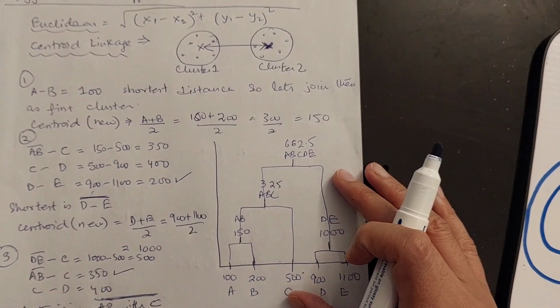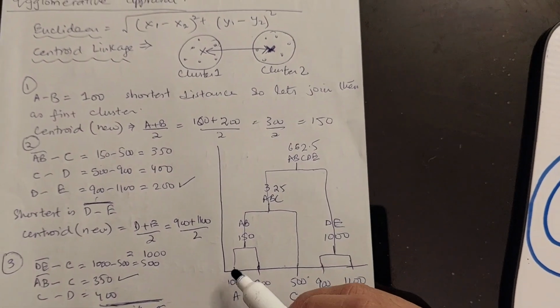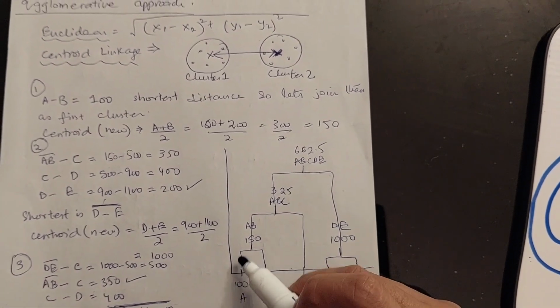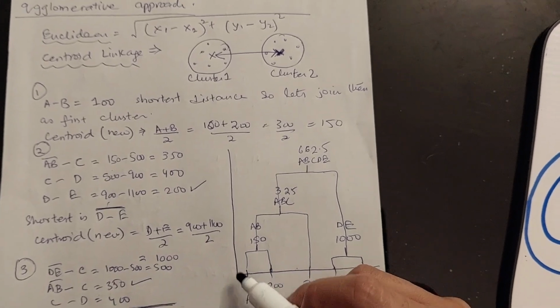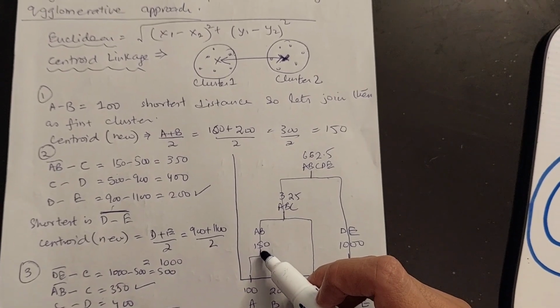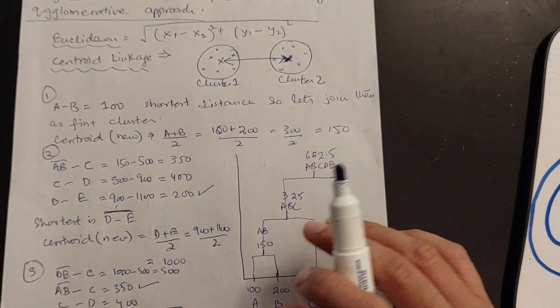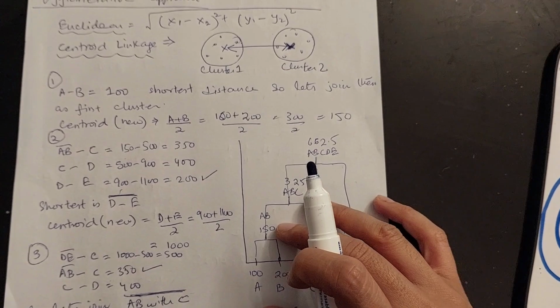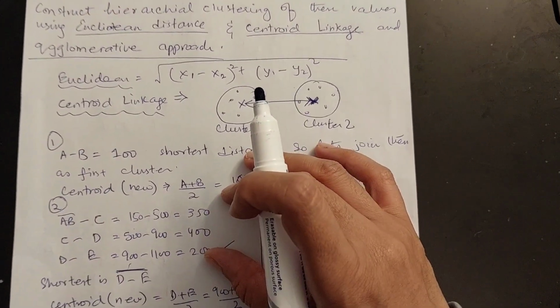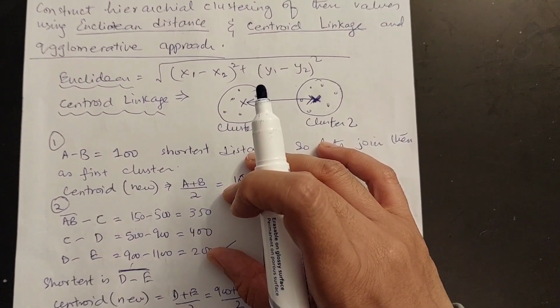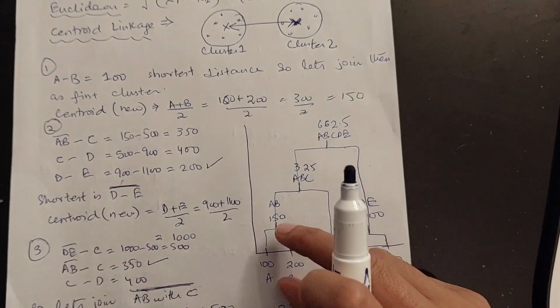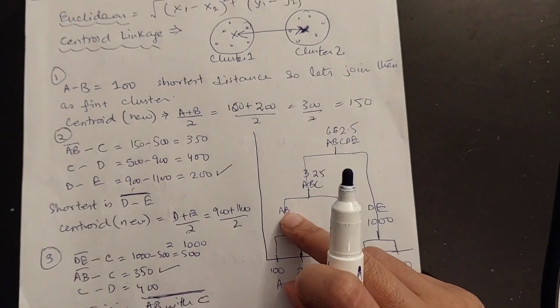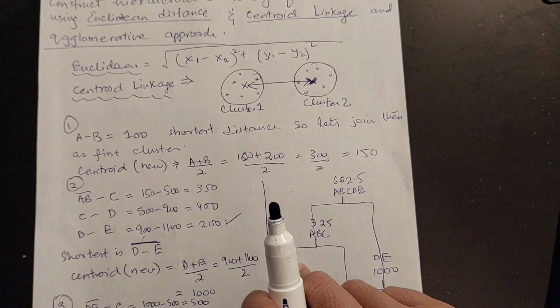It is not up to the scale, but the important thing is that I am joining these two data points A and B, and now their single centroid is 150. So one step is done and two data points have been joined. Now we will calculate the distance of this data point from the next data point, which is C.